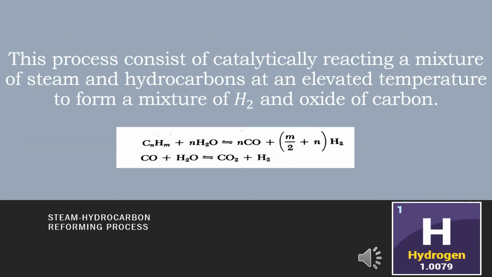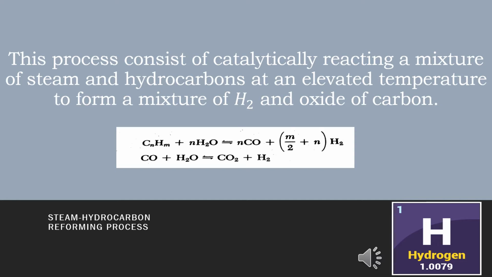So for the steam hydrocarbon reforming process, this process consists of catalytically reacting a mixture of steam and hydrocarbons at an elevated temperature to form a mixture of hydrogen and oxides of carbon. The following basic reactions occur.